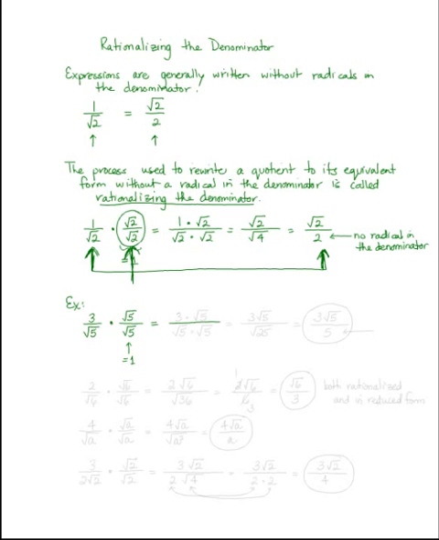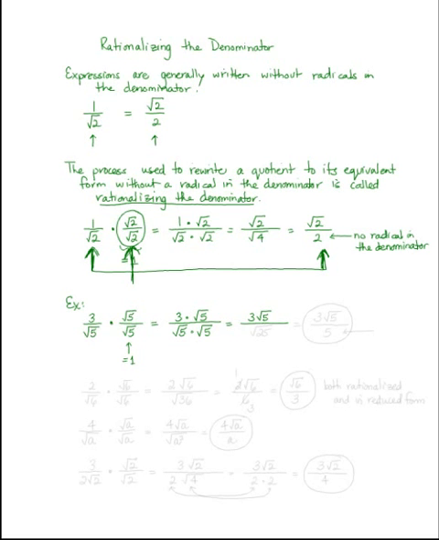All right. Multiplying numerator by numerator, we have 3 times the square root of 5. Multiplying denominator by denominator, we have square root of 5 times square root of 5. Our numerator, we can write it as 3 square root of 5.